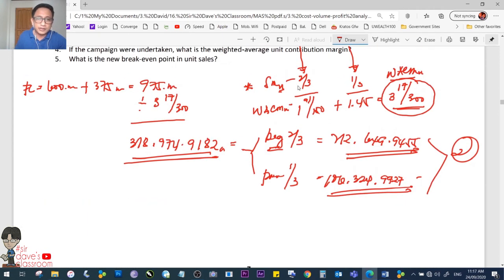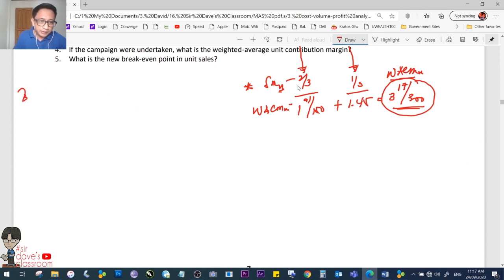So kung 350,000 currently ang ating nabibenta, okay, so for number 3. So kung 350,000 nga yung ating nabibenta units and 2/3 represents regular, that one would be 233,333 and 1/3 units.